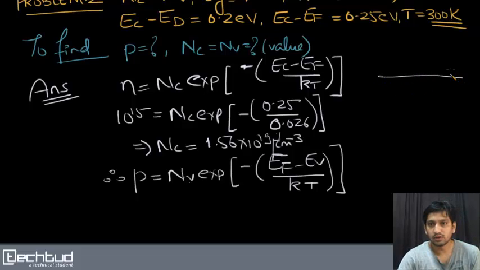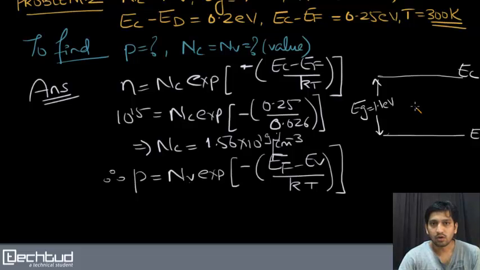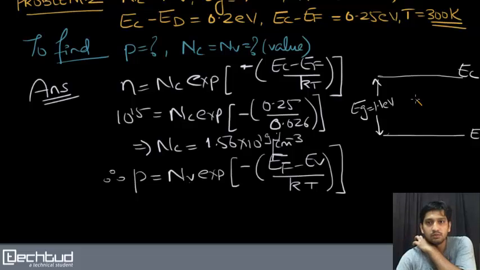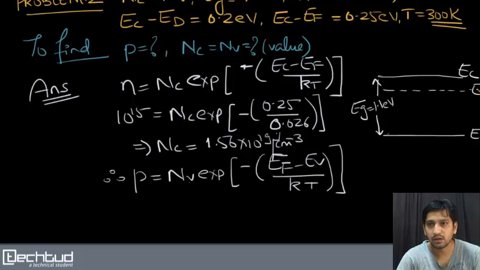Suppose this is your EC, this is your EV. The difference between these two, that is EG, is 1.1 electron volt. The concentration of electrons is given to you, that is 10 to the power of 15 per centimeter cube, and the difference between EC and the donor level is given to you to be 0.2 electron volts.